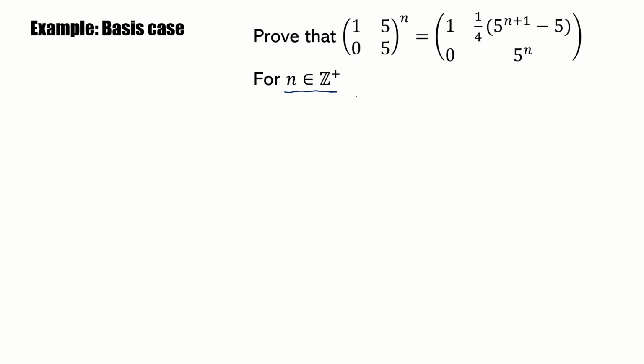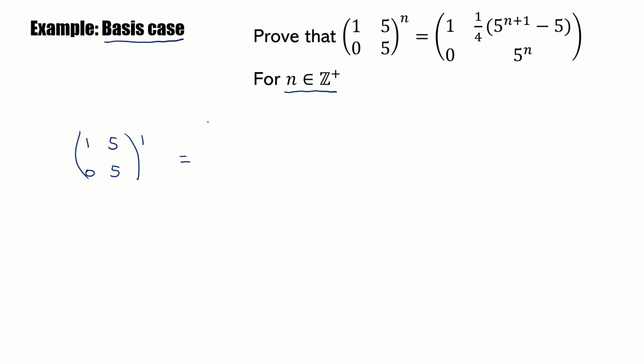Okay, so let's do the first step, which is the basis case. All you've got to do is show that the statement we're trying to prove works for n equals 1. So plug in n equals 1 and see what you get. On the left-hand side, you'll have 1505 to the power of 1.